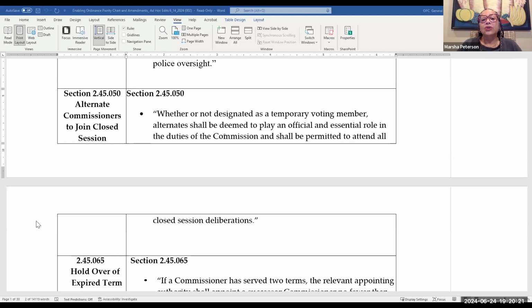So this isn't to allow them to vote, it's just to ensure continuity of information. The phrase that they are deemed to play an official and essential role in the duties of the commission is the critical language in allowing them to attend. And again, this is to ensure continuity of information.